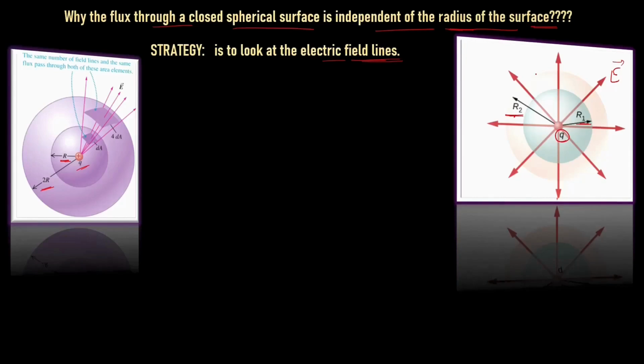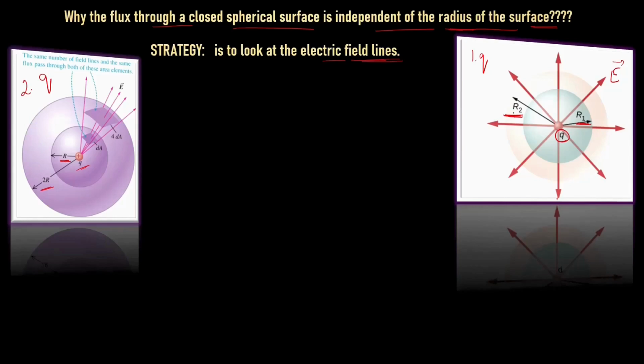So whether we are dealing with the first figure or the second figure, in both the same amount of charge q is enclosed. That means the electric field lines will remain the same in both figures, and those same electric field lines will be crossing the surface of radius r1 as well as the surface of radius r2.